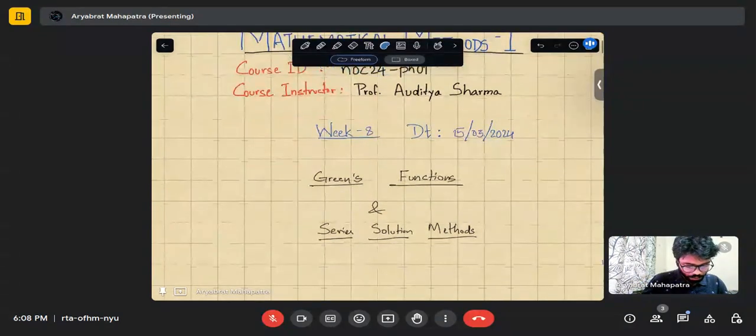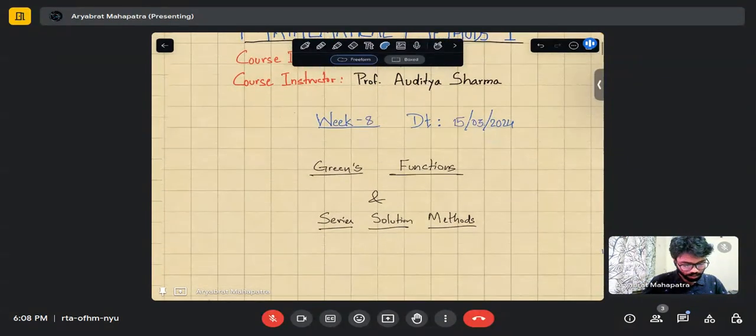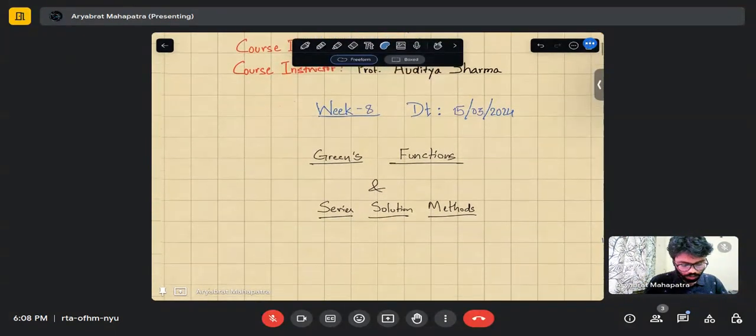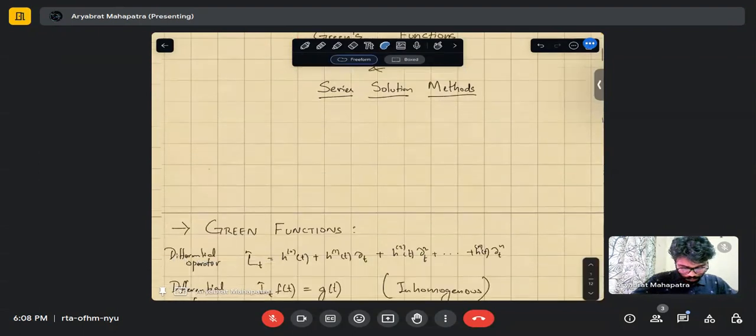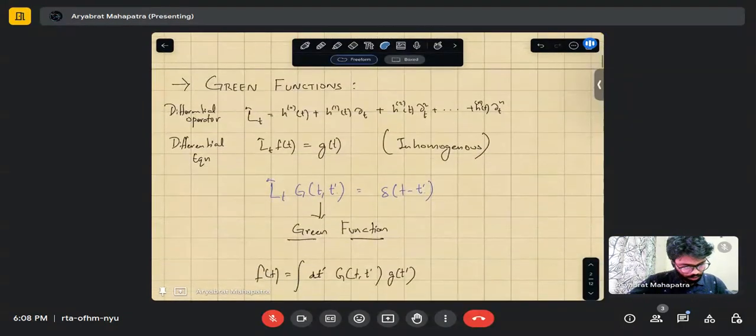We'll be looking at Green's functions and the series solution method. These are the two things that were discussed in this week's lectures of your NPTEL course. This is again a brief review of what Green's functions are. You can check those lectures on your portal; they are really nice.